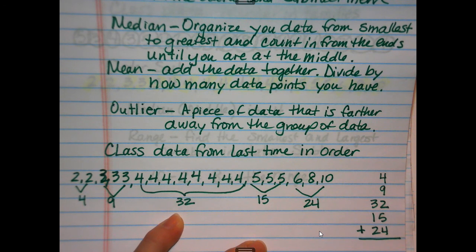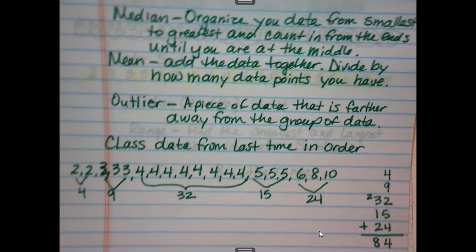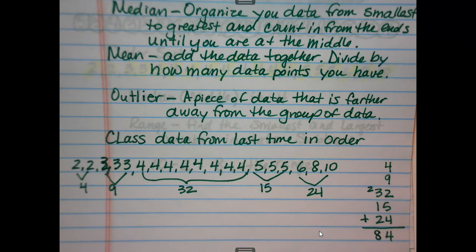When I add these up, I get 4 plus 9 is 13. 13 plus 2 is 15. 15 plus 5 is 20. 20 plus 4 is 24. And then I carry that 2 into the tens column. 2 plus 3 is 5, plus 1 is 6. 6 plus 2 is 8. Okay, so that's part of what I do to find the mean.